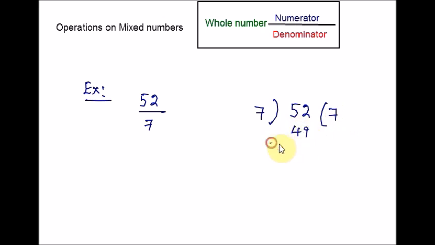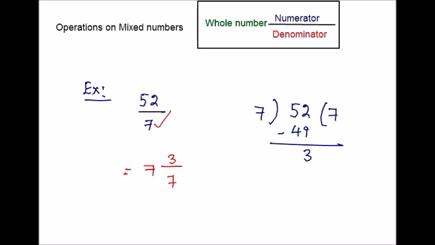Subtract it, you will get 3. Now you can write this in a format. Your answer is the whole number, then the remainder over the denominator given in the question. This is how you have to convert any improper fraction into a mixed number.